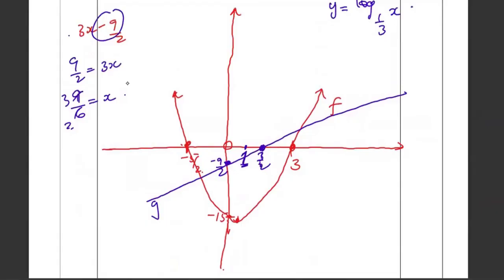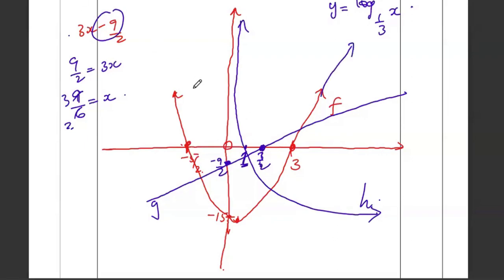So this graph must just move towards the y-axis and in this sort of direction. So that is your h. All right, so that is what we have for that particular question.